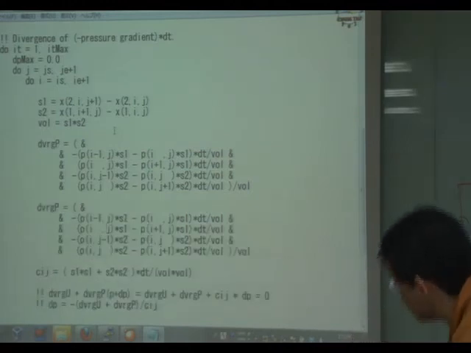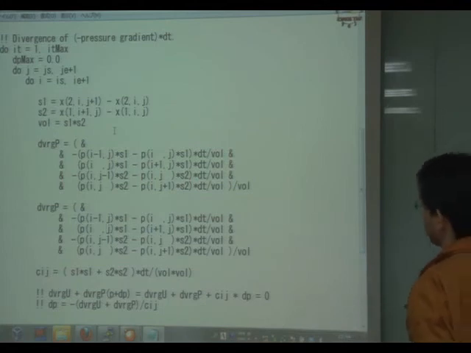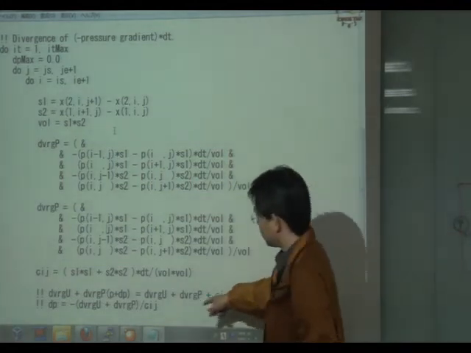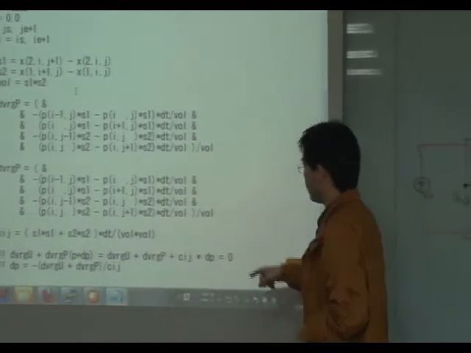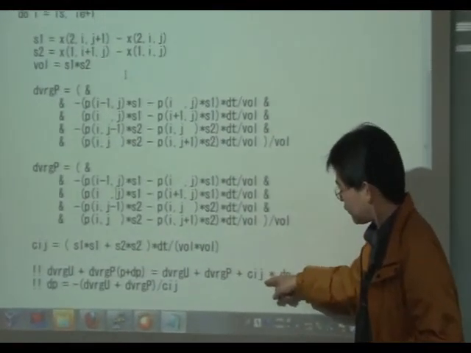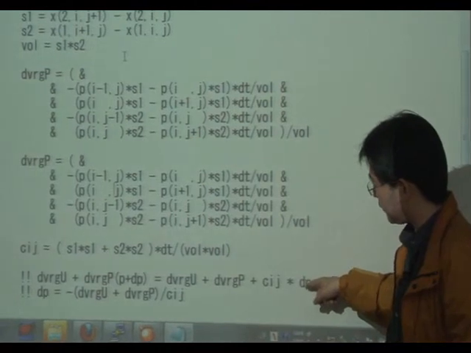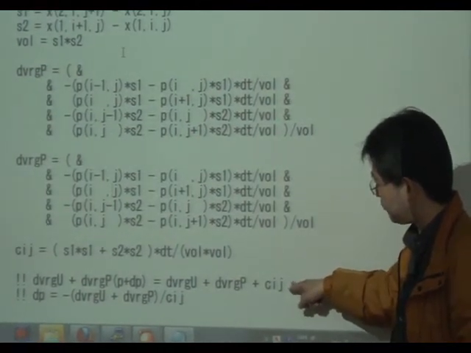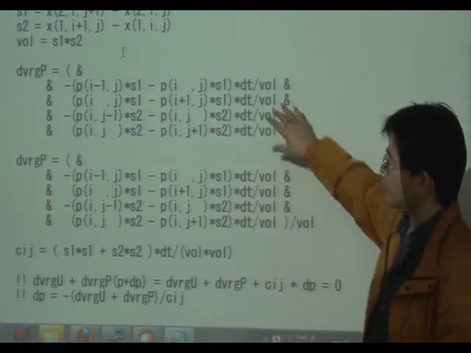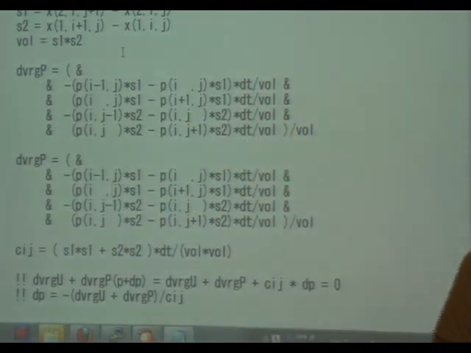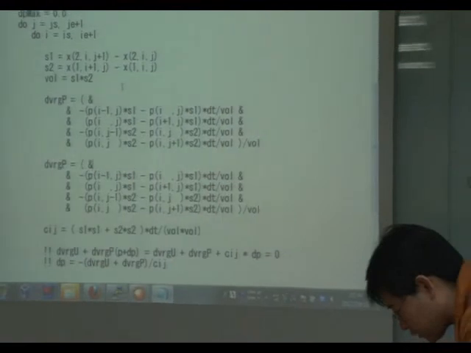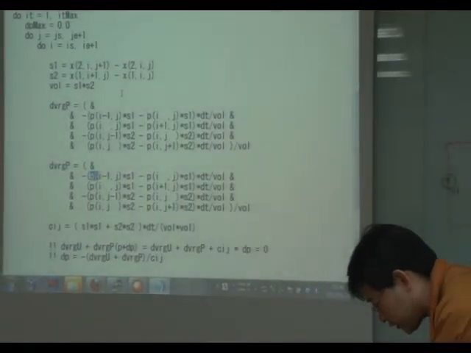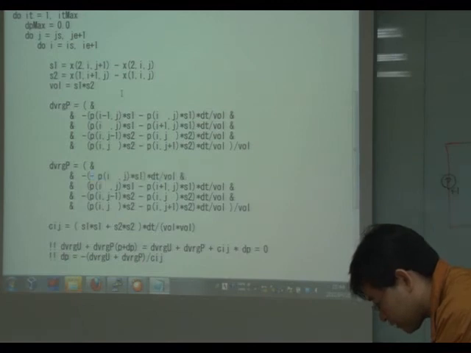The Cij is the influence of Pij on the divergence. So we can calculate it like this. Delete this part.